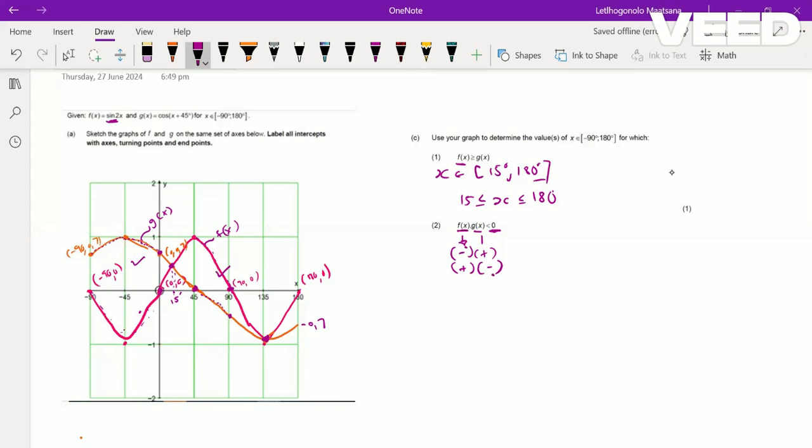Let's write it out. We can write it as x is an element between negative 90 to 0, and 45 degrees over here up until positive 90.